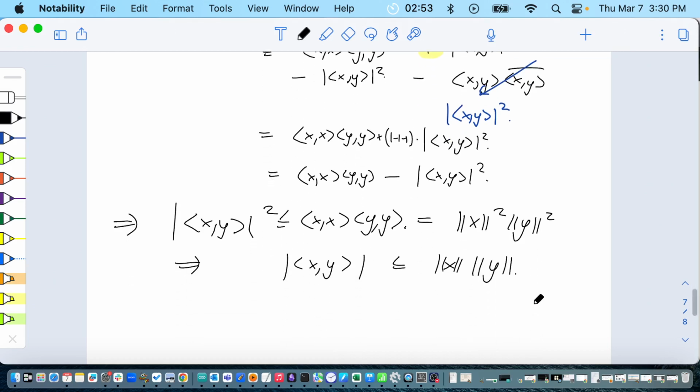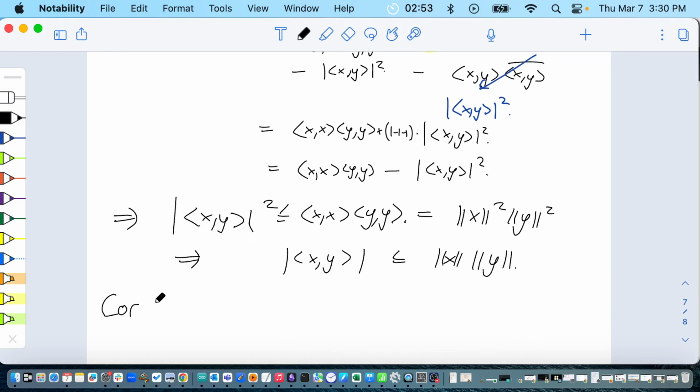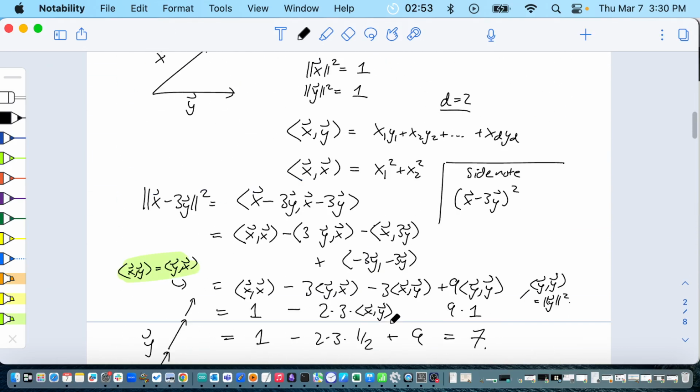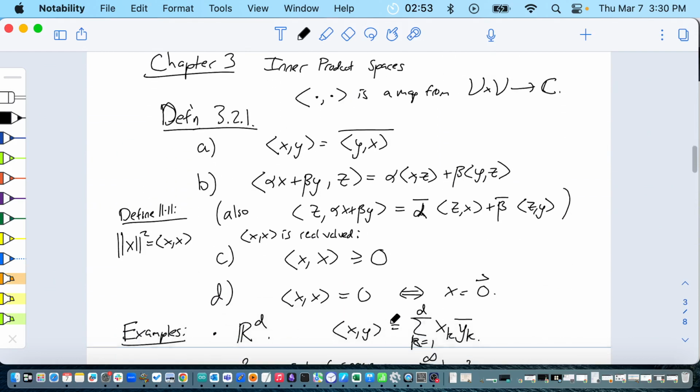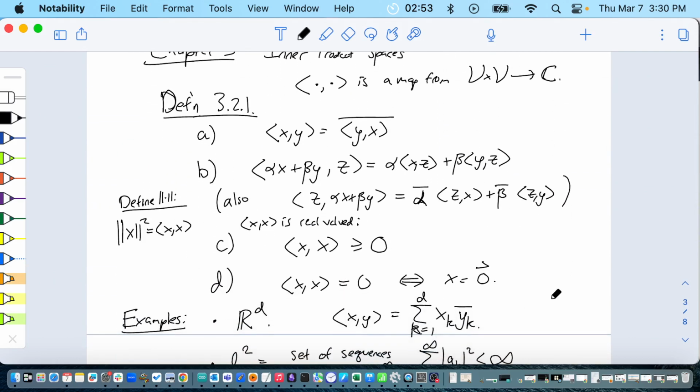There is a corollary, which is corollary 3.2.10, which is the triangle inequality. And you'll notice, if you go back up to the definitions we started today with, there is no triangle inequality on here, right? I did not say triangle inequality. That's because the triangle inequality automatically falls out.